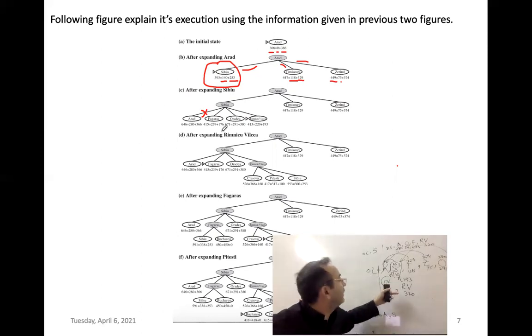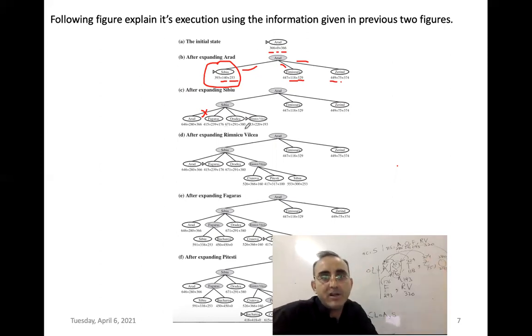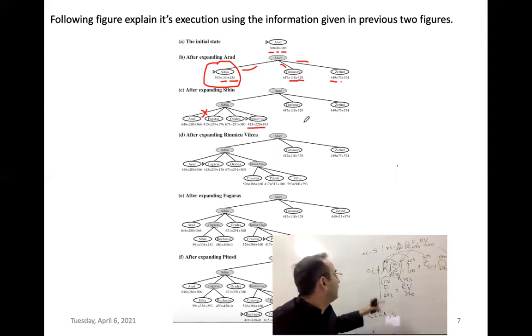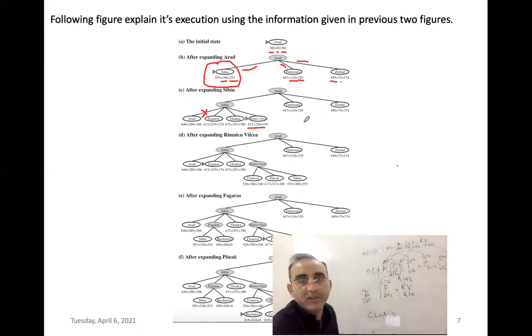ORAD 291 and 380. And similarly, Rimni-Kovalevskaya is 140 and 80, 220, not 320. This is our mistake. 140 and 80, 220.